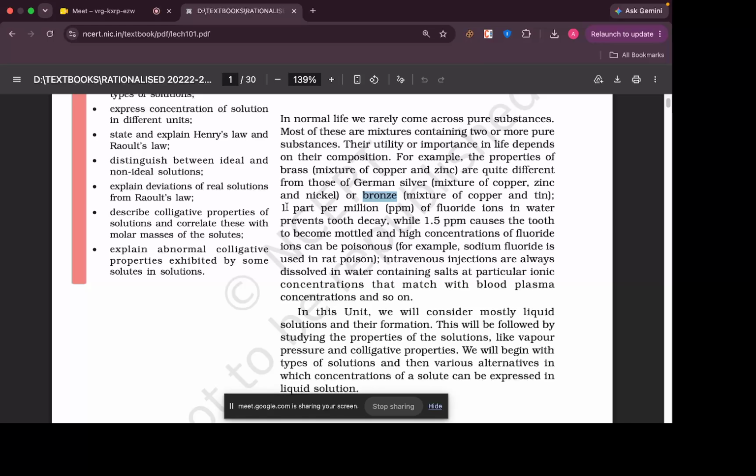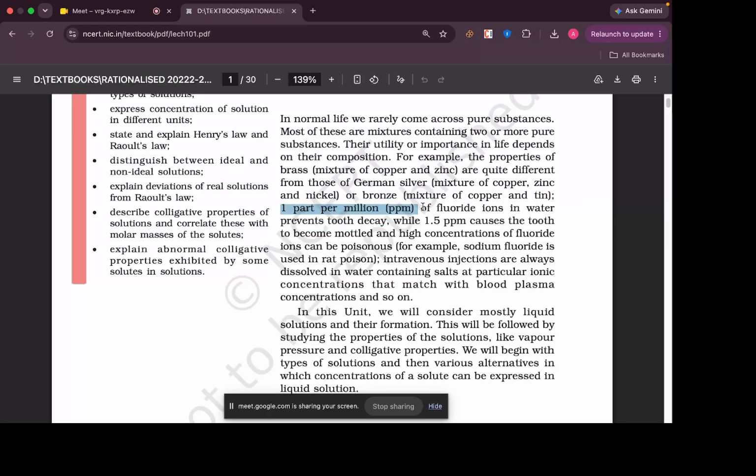Done. Next is what? 1 part per million, 1 ppm of fluoride ions in water prevents tooth decay. So 1 ppm of fluoride ion, again here, part per billion, no, part per million, yes. So here please focus on the unit, ppm. You will say, sir, what is 1 part per million?